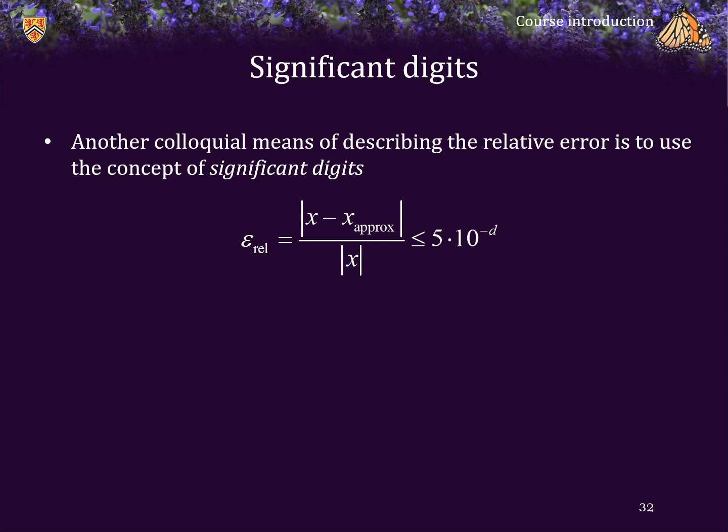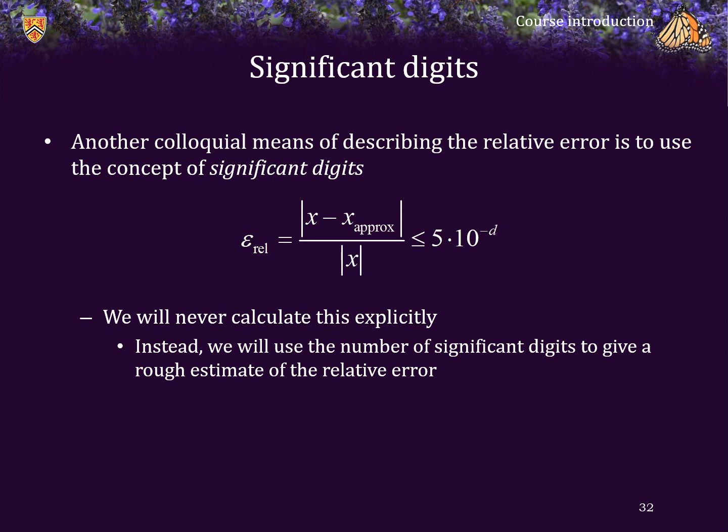Another colloquial means of describing the relative error of an approximation is to use the concept of significant digits. Now, we are not going to calculate this explicitly ever. It's a very coarse approximation, and we will only use such terminology colloquially when trying to describe how good an answer is, at least approximately.